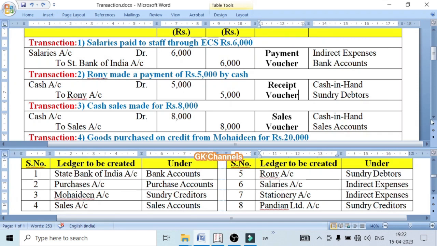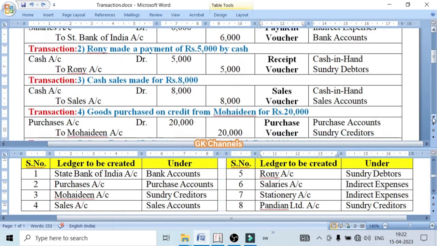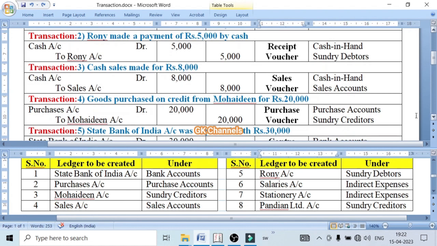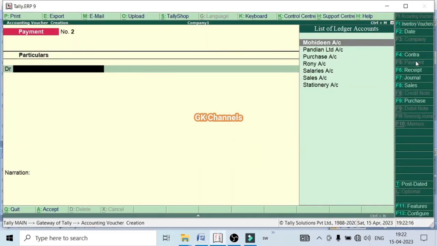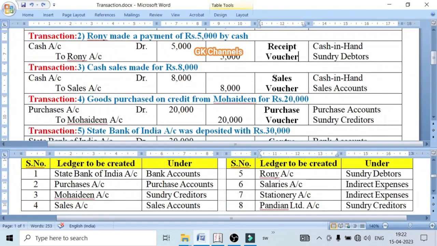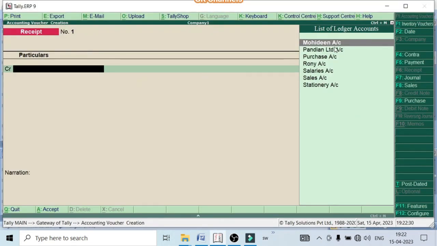Second voucher, receipt voucher. Transaction 2, receipt voucher. So I am going to F6, receipt voucher, in the right hand side vertical dark green bar. Cash account debit, Roni account credit.